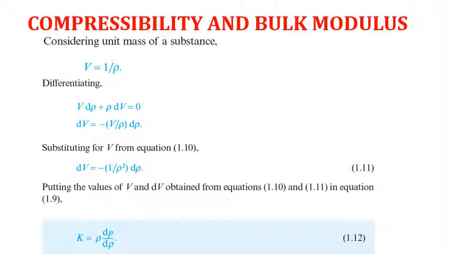So we can basically write the bulk modulus in the form of density. It will be K is equal to rho into dP over d rho. If we take the rho to the denominator of this d rho, we get d rho over rho. That is bulk modulus. It is a ratio of change in pressure to change in density.